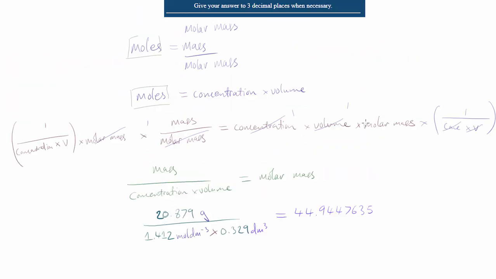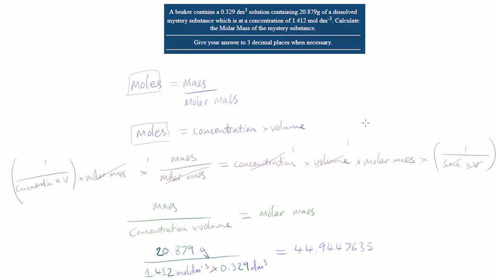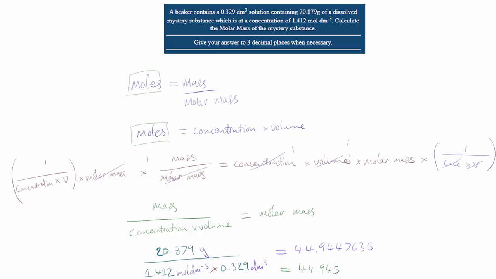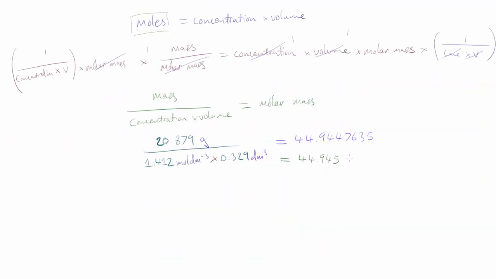The question asks us to give our answer to 3 decimal places, so this needs to be rounded. When I round it to 3 decimal places, I get 44.945, and then our units.